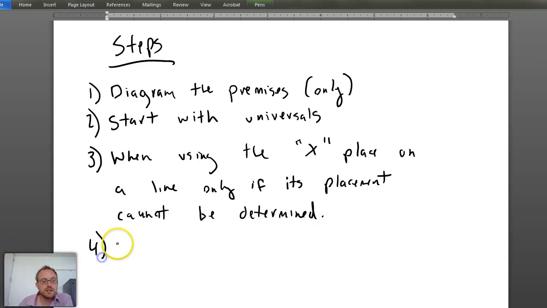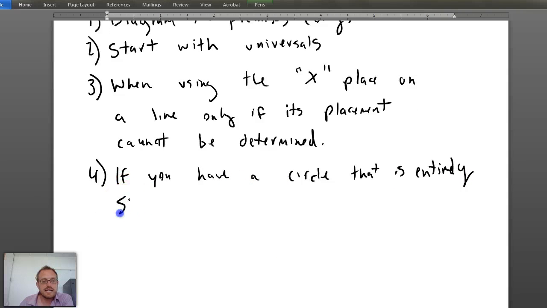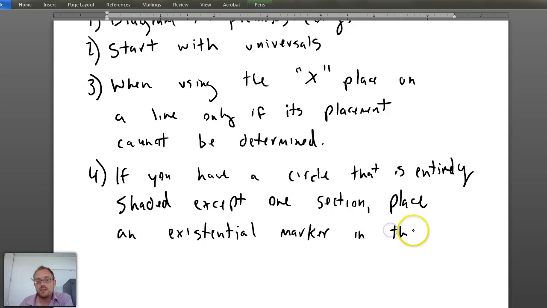And then number 4, if you have a circle that is entirely shaded except one section, place an existential marker in that one section.